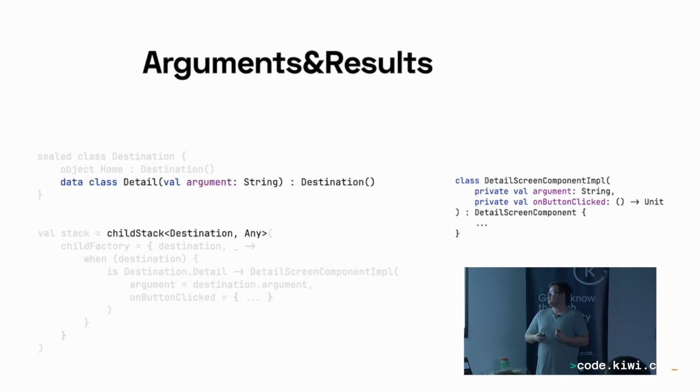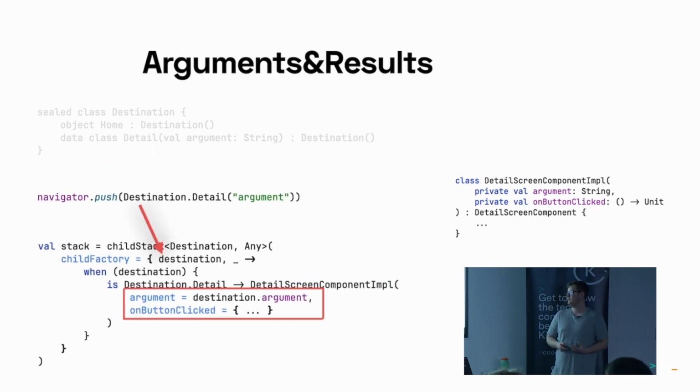So all children on the stack are identified by a class that Decompose calls configuration. And in this class, for example, we have a sealed class here, you can store arguments, because this destination class, which we have here, serves as sort of a blueprint for how to create the component you want to display on your stack.